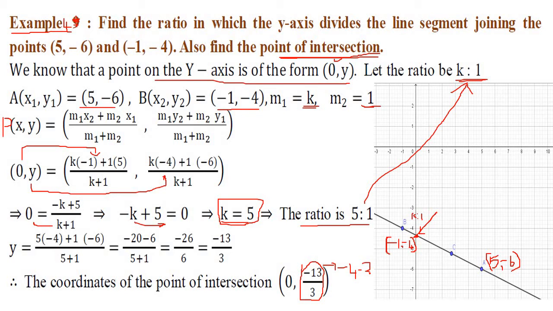So this means the line gets divided on the y-axis at approximately (0, -4.3). (0, -4.3) is the point.